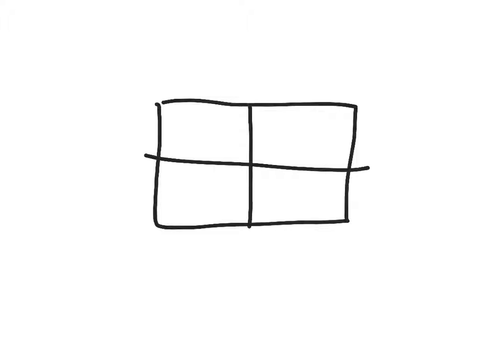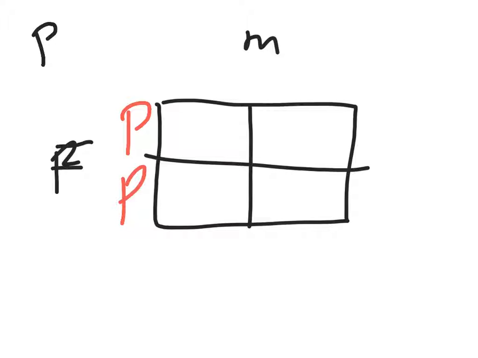Over here is the father. Here's the mother. Okay. We know that they're both heterozygous. Parental generation. So, father is large P. Mother is small p.